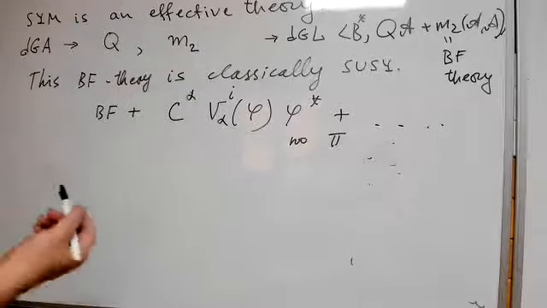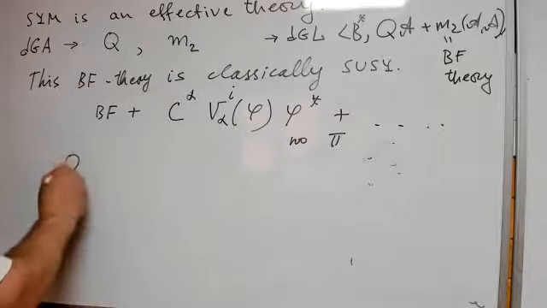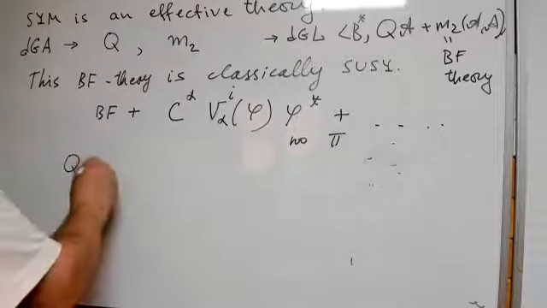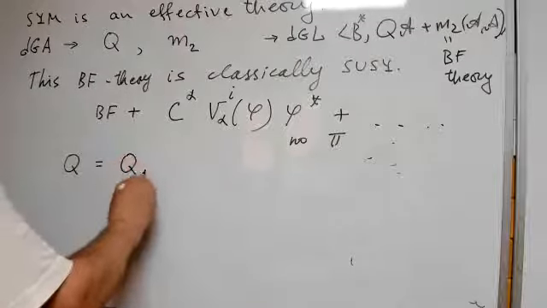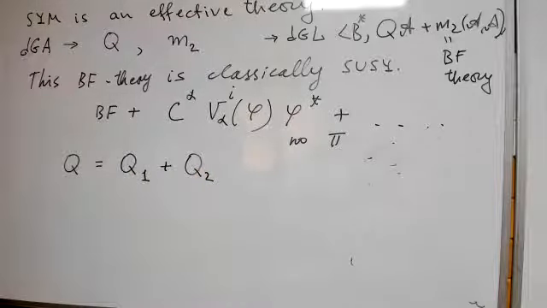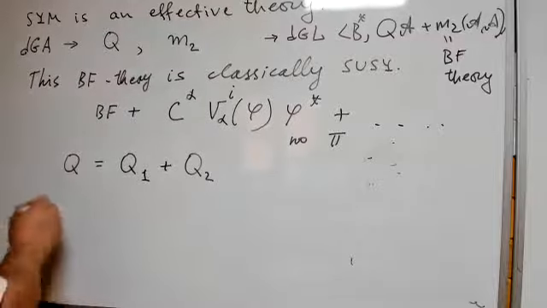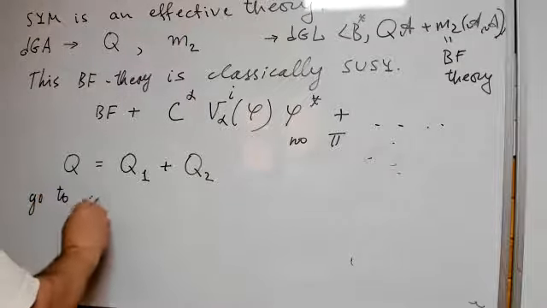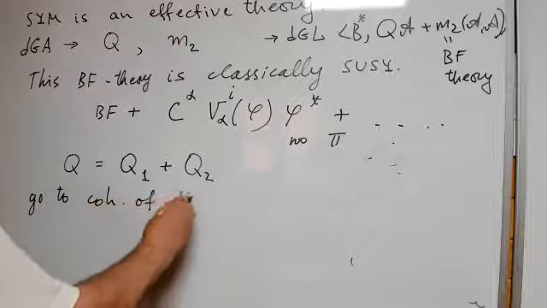We will show, so the plan is to say that the field Q that is here is actually a sum of two terms, Q1 plus Q2. Therefore, we can go to cohomology of Q1.